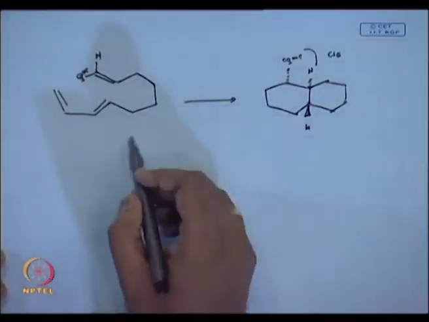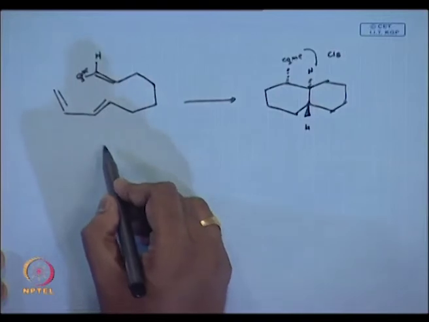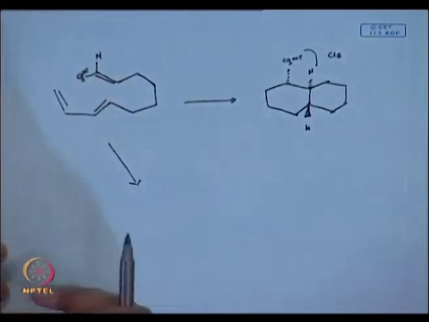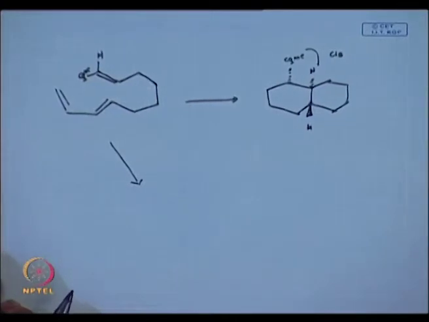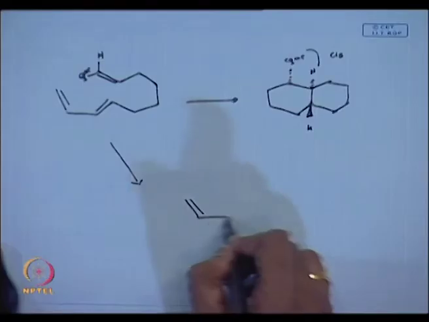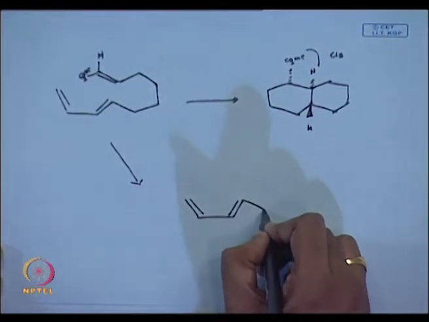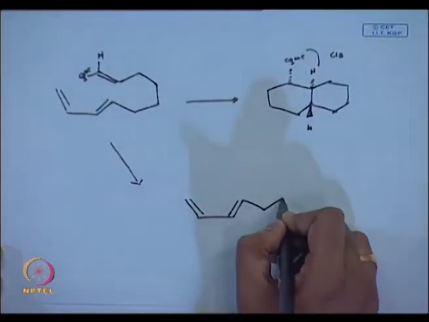You know how to draw cis, because we have seen in the cis case how we folded it. In the trans case we try to use a chair-like conformation. In the cis case we were using a different way, that is how we thought about cis, like a pentane type of molecule we were talking about.